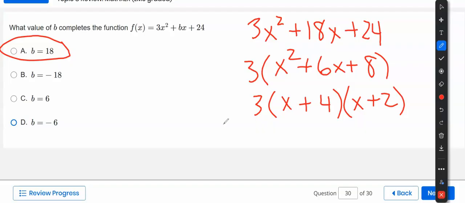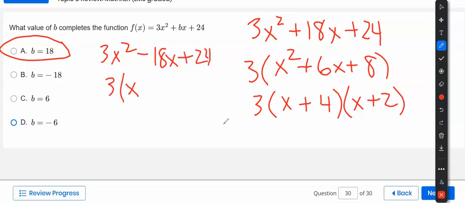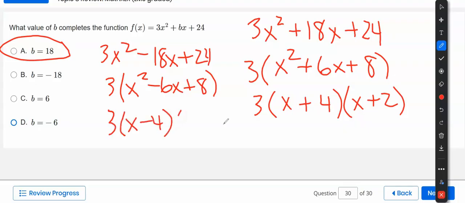But if it was minus 18, so if it was 3x squared minus 18x plus 24, we'd have x squared minus 6x plus 8, which is x minus 4, x minus 2. So that one works.